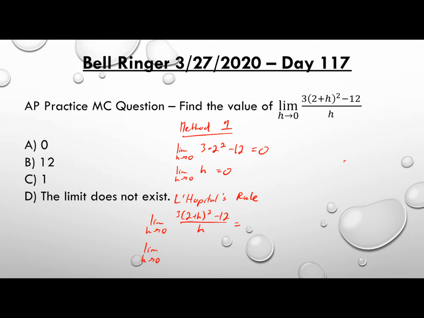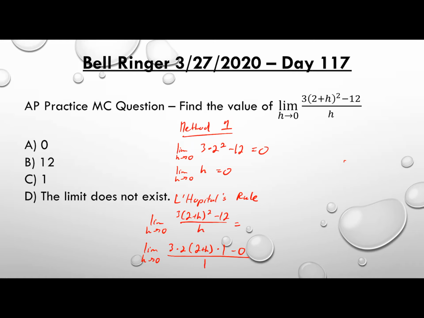Because we have 2 plus h squared, it becomes 3 times 2 now, 2 plus h to the first power since we subtract 1 from the exponent. Now, we could use the chain rule. And if we use the chain rule, we multiply by the derivative of the inside, which is just 1. And then minus the derivative of 12, which is just 0. And then all over the derivative of h, which is just 1.